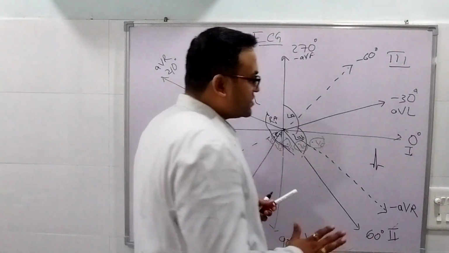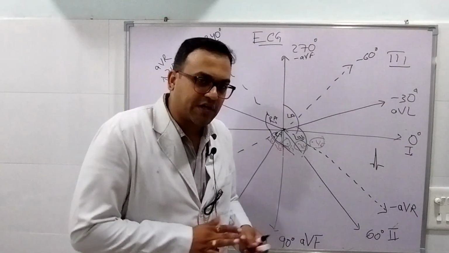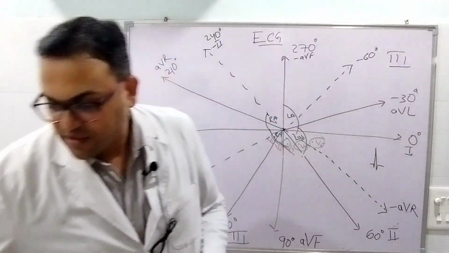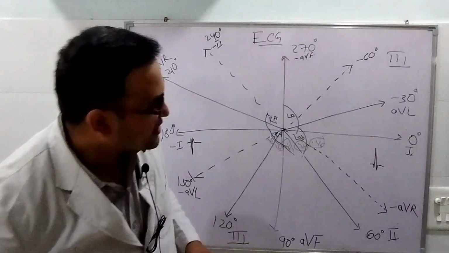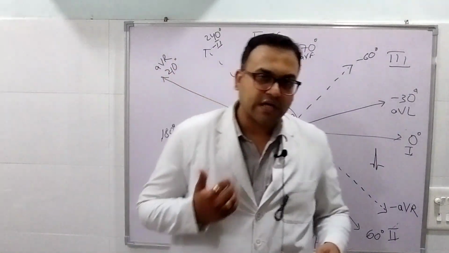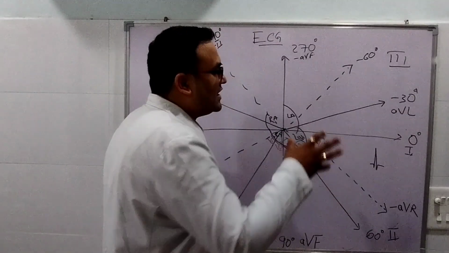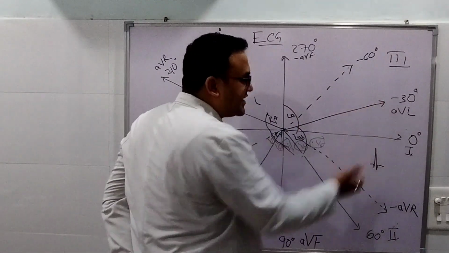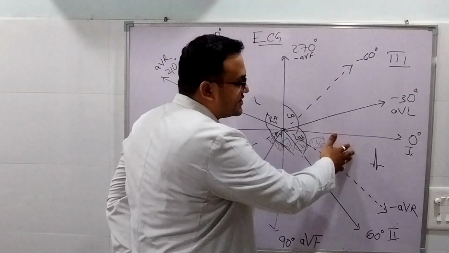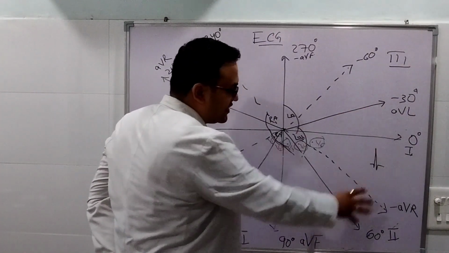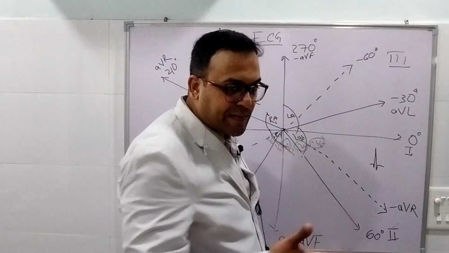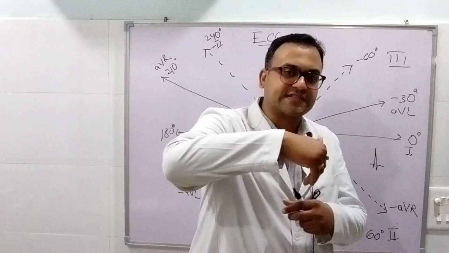Understood? This diagram is very important to understand the ECG. So I am repeating it once again. To look around the heart, we have a lead placed at every 30 degrees, but only 6 conventional leads we will be getting in the ECG paper, and others we can reverse and derive.